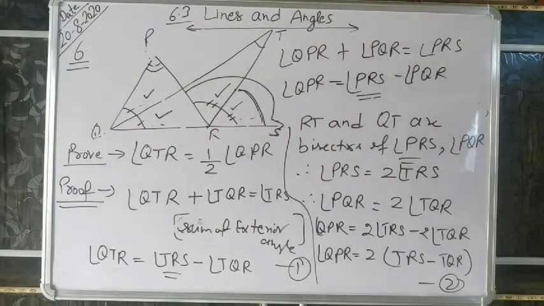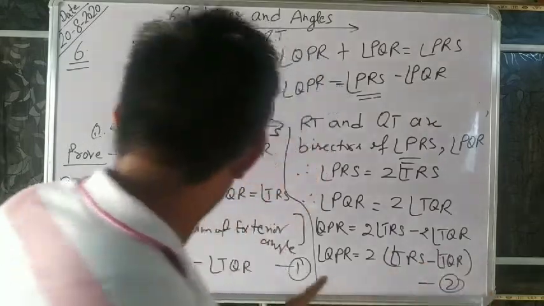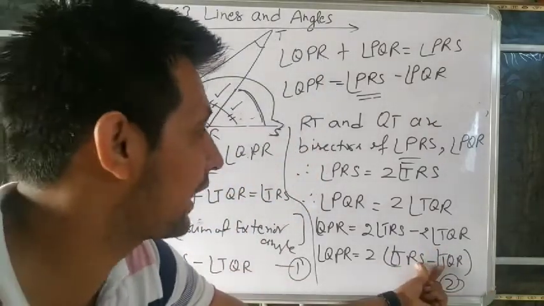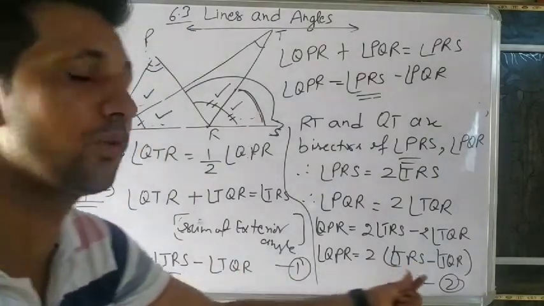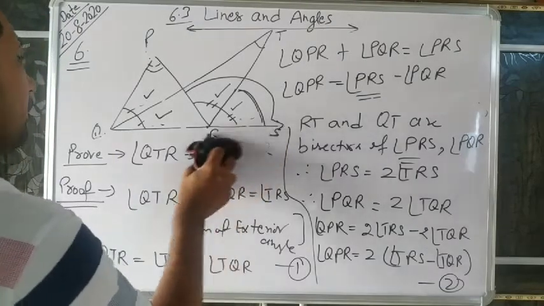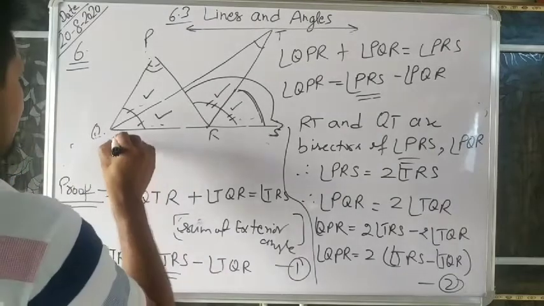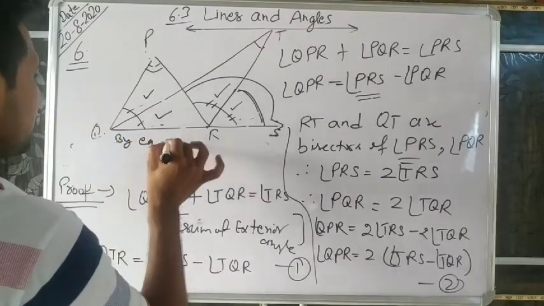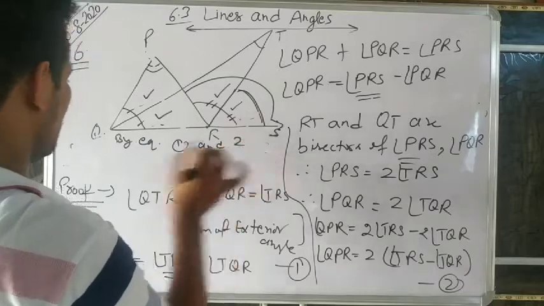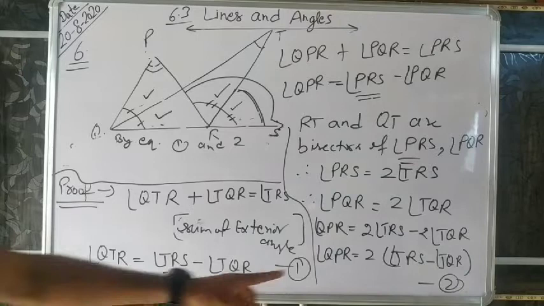Do you understand it? Now by equation 1 and 2, TRS minus TQR is equal to QTR. So we can write, by equation 1 and 2, what can you say?